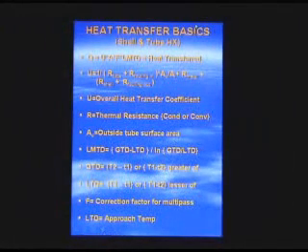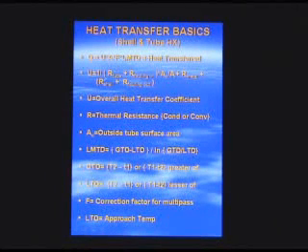This kind of gives you an example of the Fourier heat conduction equation. These are the elements that go into that. U is basically made up of, for those that have taken electrical classes, if you have a series of resistances, or let's say elements that are in series, it's the reciprocal of the overall sum of those resistances.